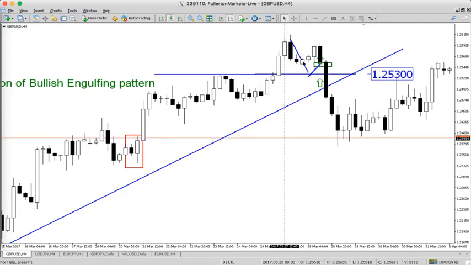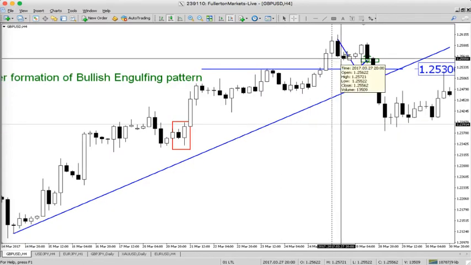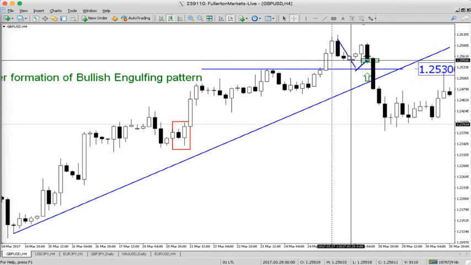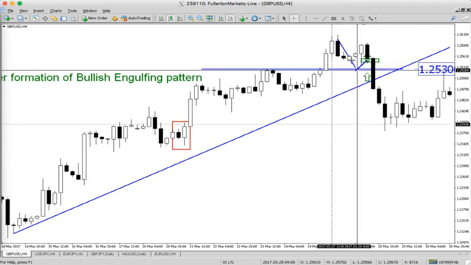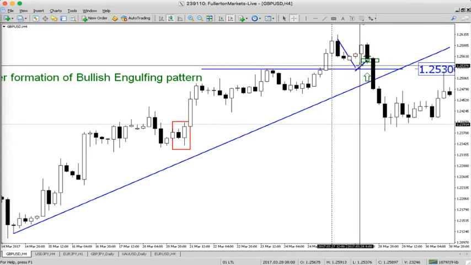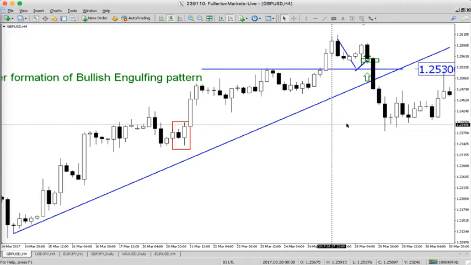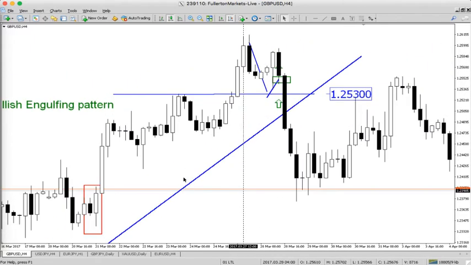The low was higher than 1.2530, which is around 20 pips higher. So I was looking for it to hit somewhere closer to 1.2530, and if it forms a bullish engulfing pattern, that will fulfill my criteria to go long. So the first chart did not fulfill my criteria.